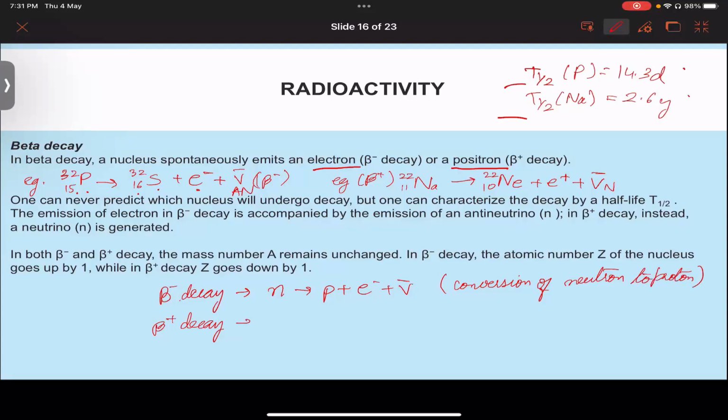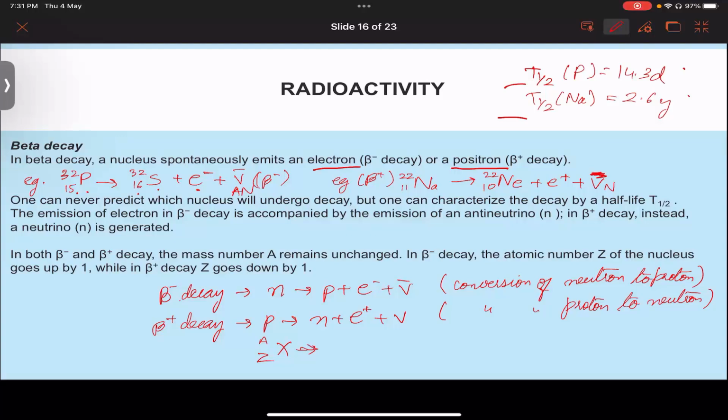For beta plus decay, p goes to n plus a positron and a neutrino, and this is the conversion of proton to neutron.